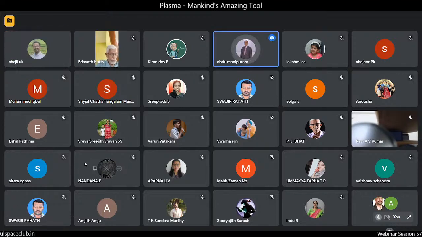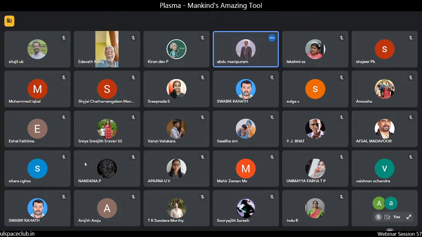Respected dignitaries on the floor and dear students. First of all, let me express my gratitude to the organizing committee, the organizers, UL Space Club, for selecting our school, the first and only NABET accredited school in general education in Kerala, to co-host this program.